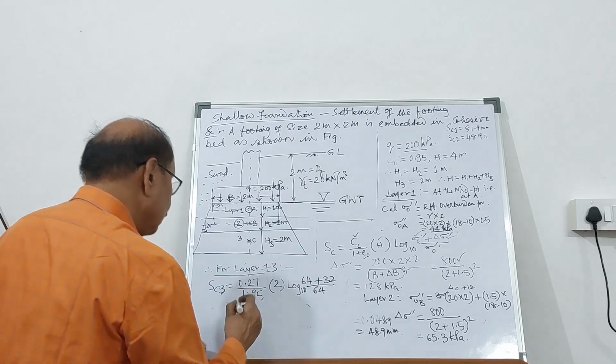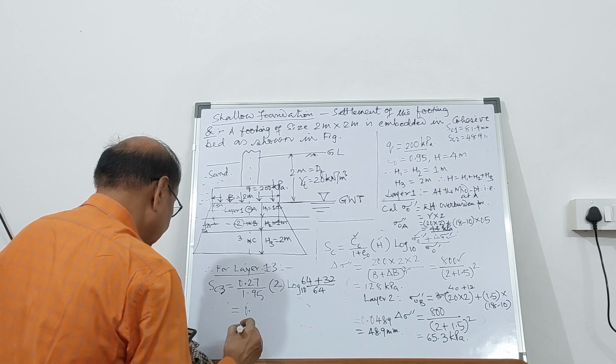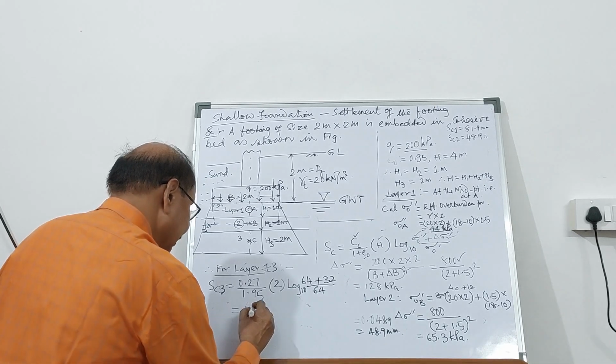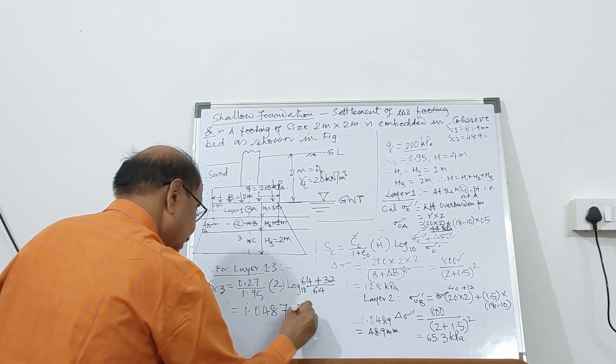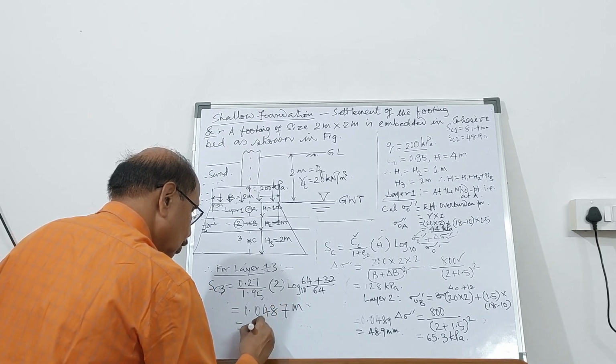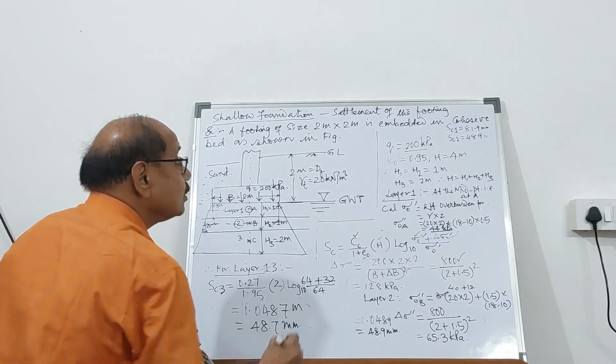This gives you 0.0487 meter. That means this is equal to 48.7 millimeter.